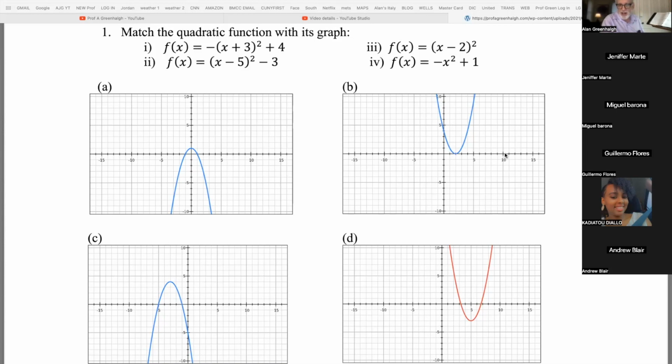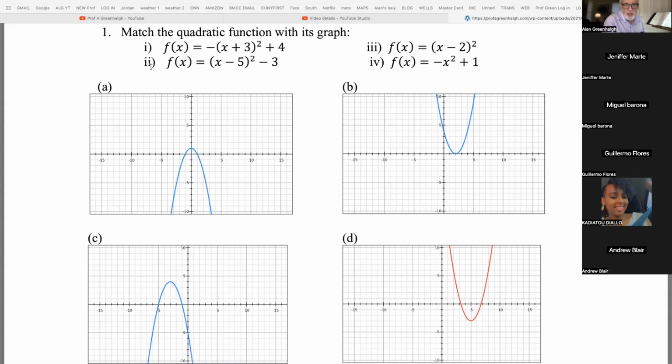Then we come down here and we see that the vertex is (5, -3). There it is right there. The opposite of -5 is +5, and -3.